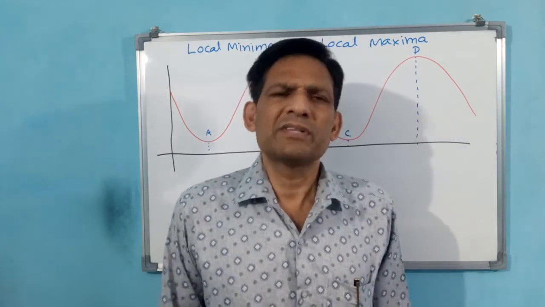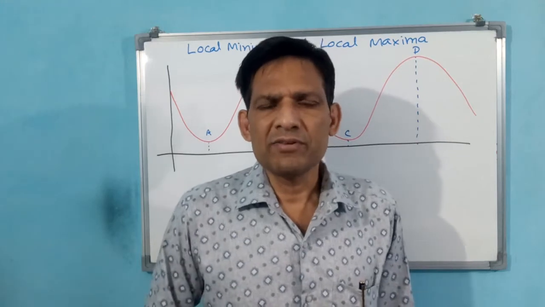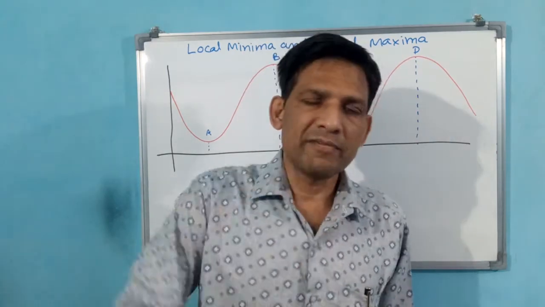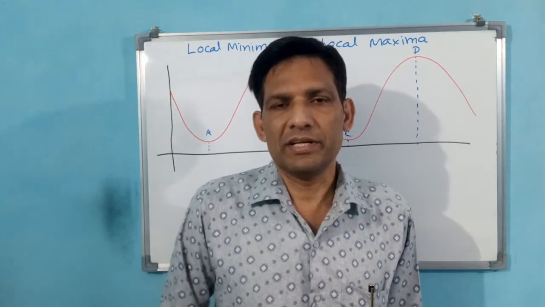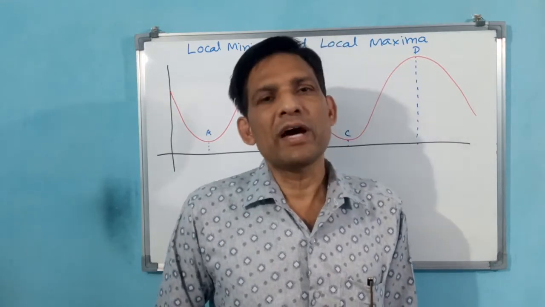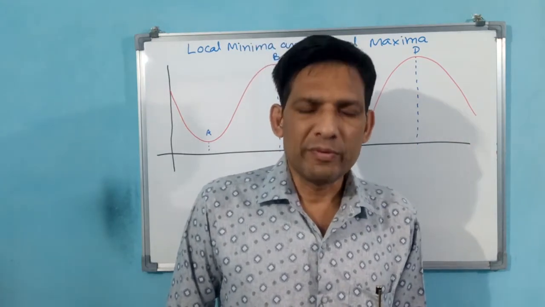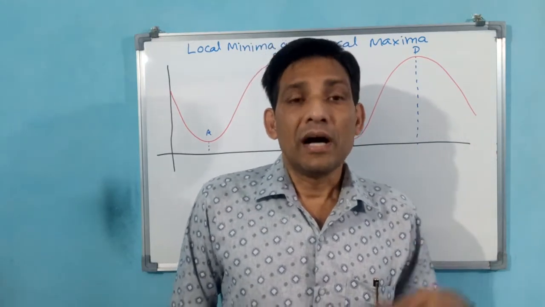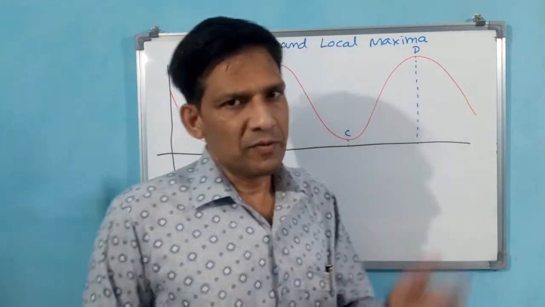The first derivative is normal differentiation. The second derivative means differentiating again the differentiated function, two times differentiation. We will understand how these tests help us find maxima, minima, local minima, local maxima, and maximum and minimum values.